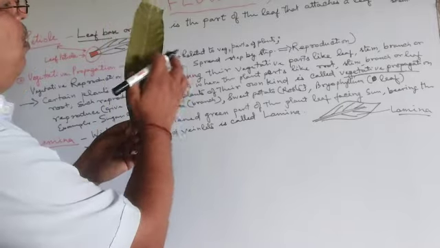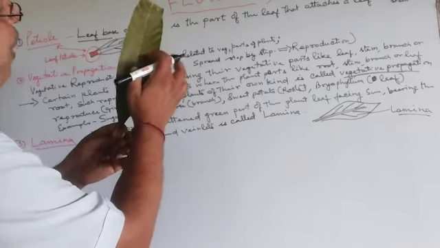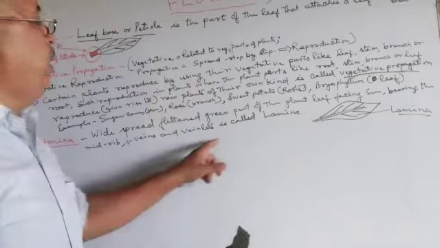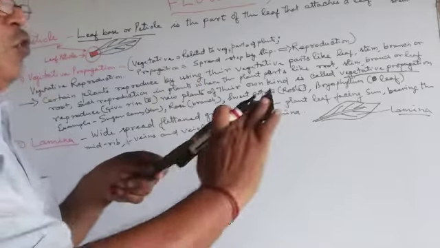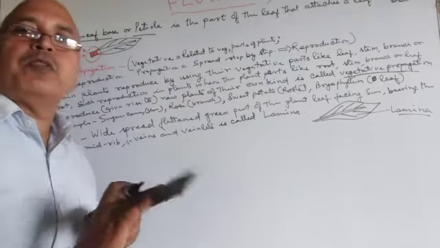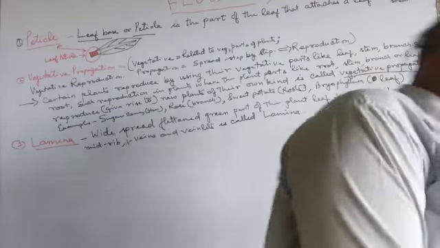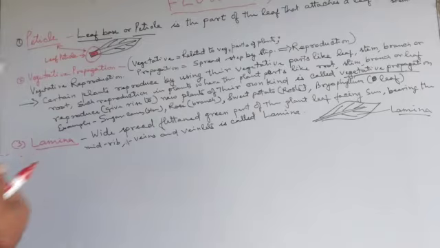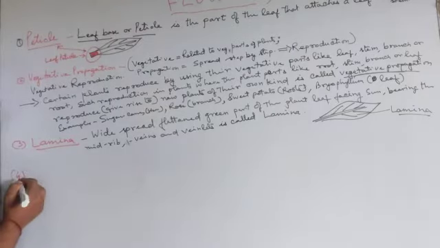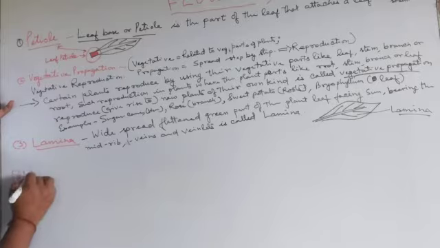These are the veins, and sub branches of veins are called veinlets. And such a portion of the plant leaf is called as leaf lamina. The next term that you have to define is reticulate venation. The fourth one is reticulate venation.